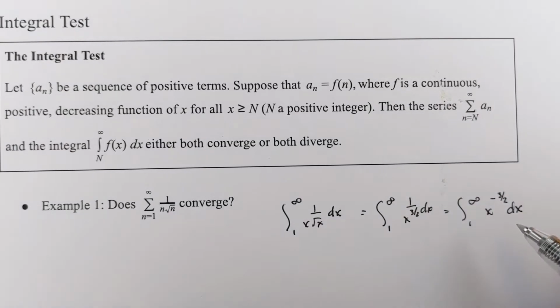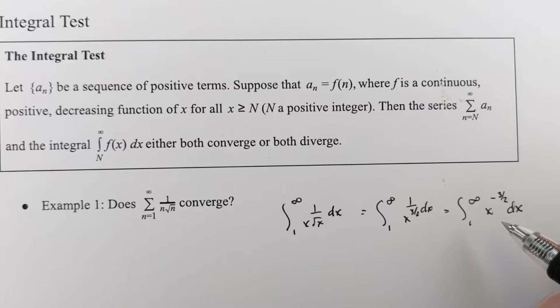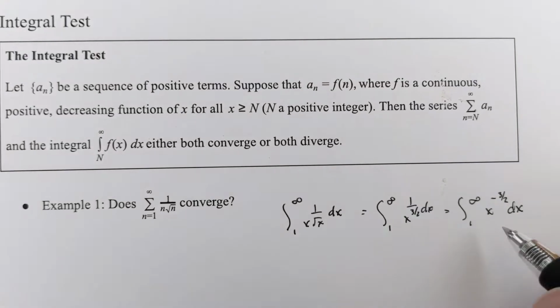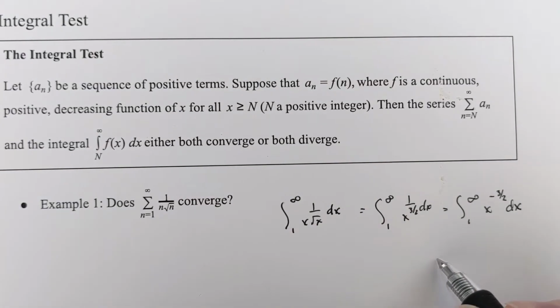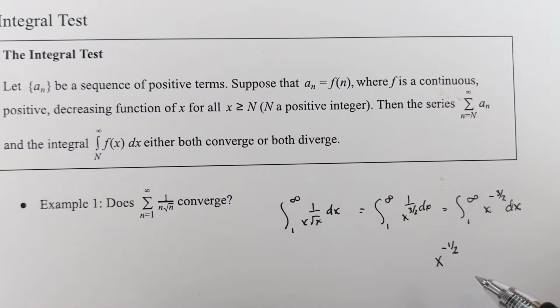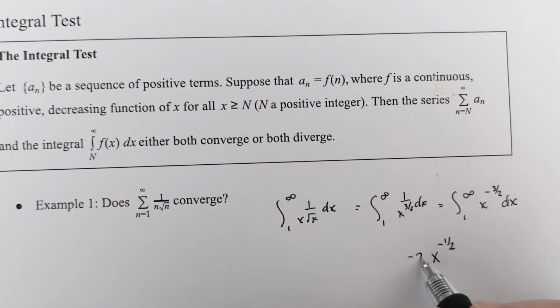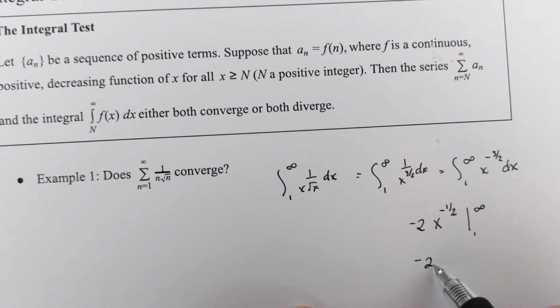So to do the antiderivative, we need to add 1 to the exponent, so that makes it -1/2. And then the reciprocal of that goes out front, -2, and we're going to evaluate from 1 to infinity.